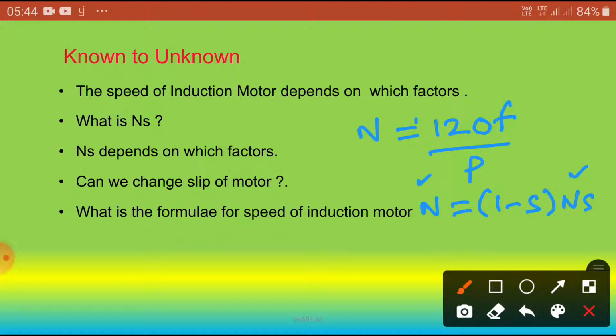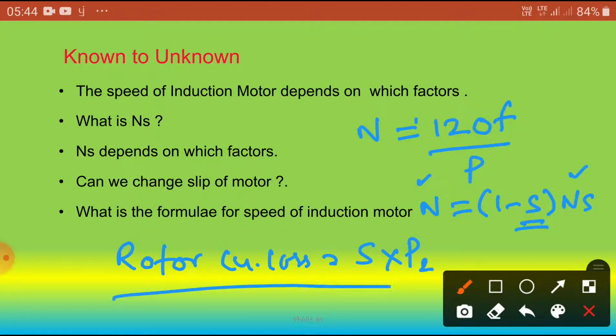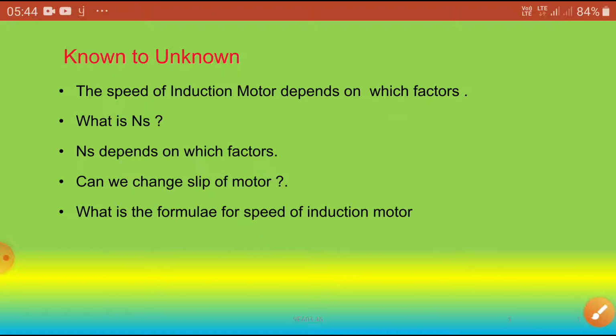Slip can also change with the help of the rotor losses: rotor copper loss is equal to slip times P2, the rotor input. So from this also we can change the speed. If the rotor input and rotor copper loss are known, s will change, and if s is substituted, N will change. So this is some known to unknown.